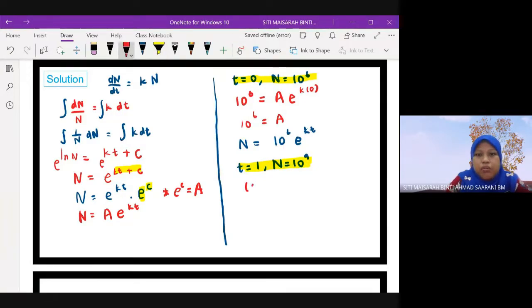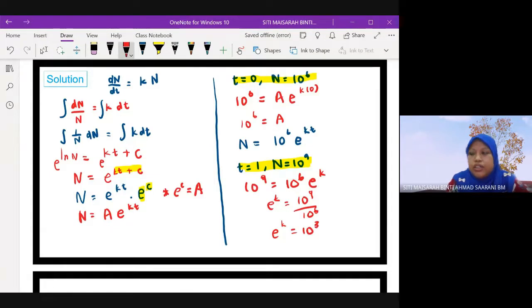Jadi 10 power of 9 equals to 10 power of 6 E power K. So jadi E power of K is equal to 10 power of 9 divided by 10 power of 6. So jadi kita dapat kat sini E power of K is 10 to the power of 3. This is indices lah. 10 kuasa 9 bahagi 10 kuasa 6 dapat 10 kuasa 3.